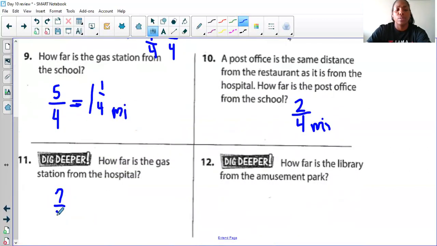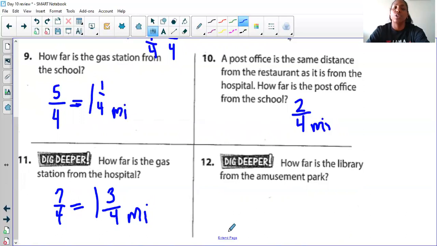And for those friends who don't know what 7/4 looks like, 7/4 is equal to 1 whole and 3/4 mile. All right. So at this time, I want you to go ahead, dig a little deeper, and answer number 12 and the rest of this page on your own.